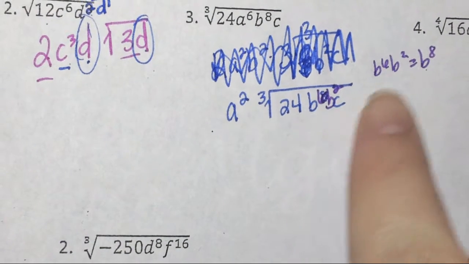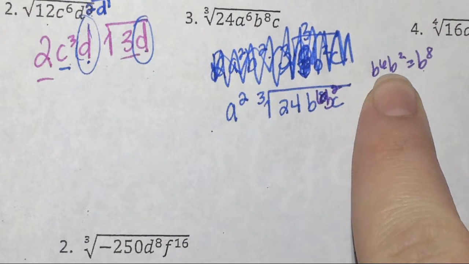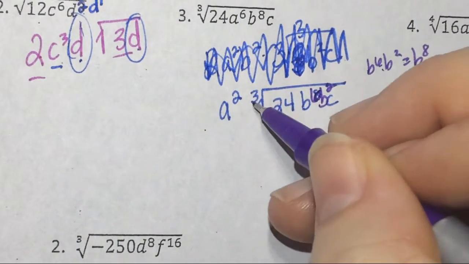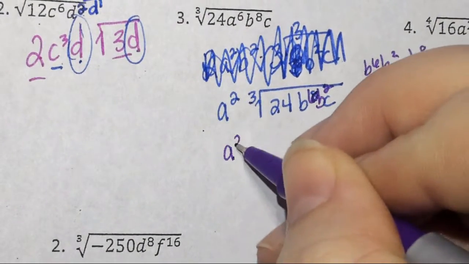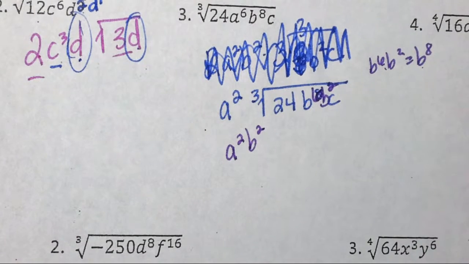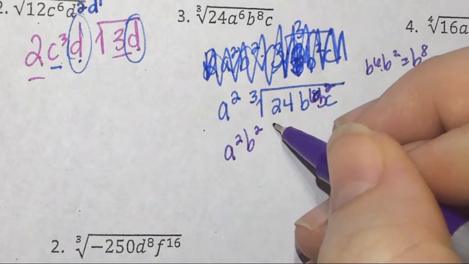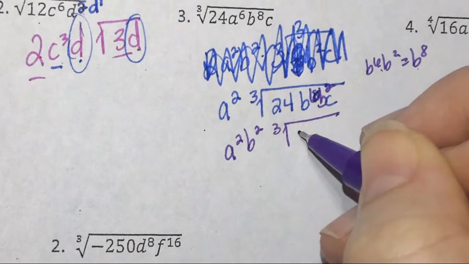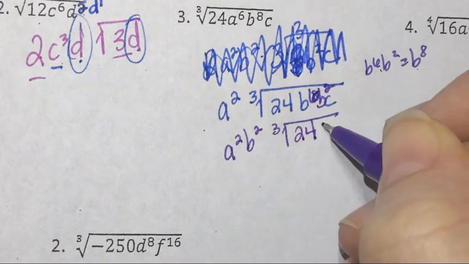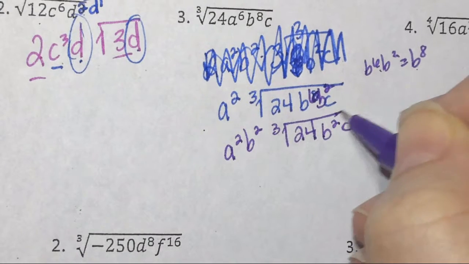So that's a 6 and a 2. I know they're ugly. I wrote them there too. I know 6 divided by 3 is 2, so no wonder he has A squared, B squared. I know 2 divided by 3 is not going to work out, so I'm going to leave that 24 alone still. I'm still going to have a B squared left over and a C.